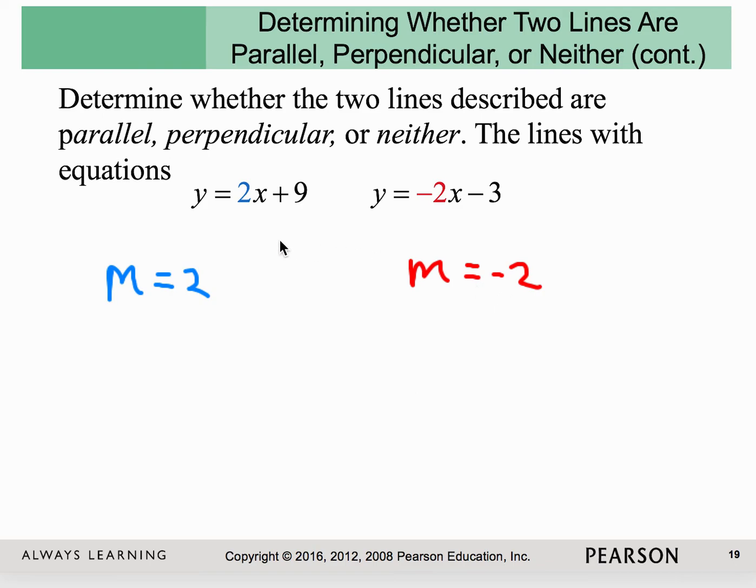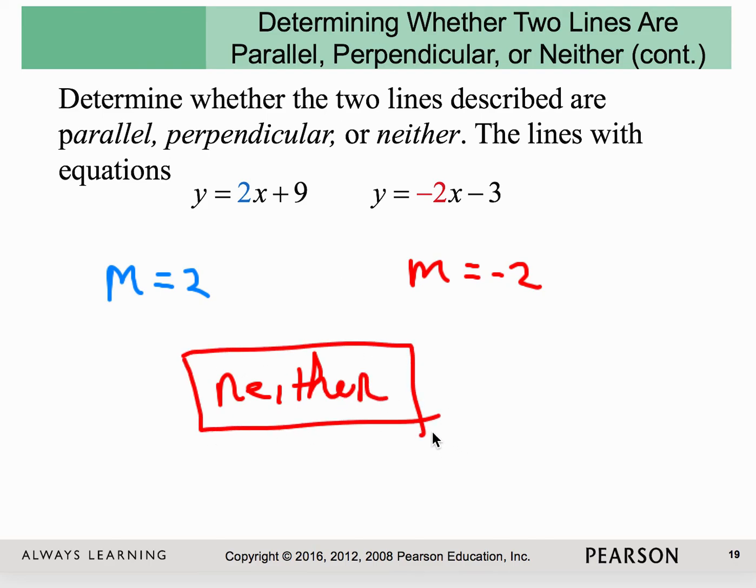So now, are they exactly the same? Nope. Are they reciprocals? Well, negative reciprocals? Well, one's positive and one's negative, but they're not reciprocals, right? The reciprocal of 2 would be a half. So these are neither. They're not parallel nor perpendicular.